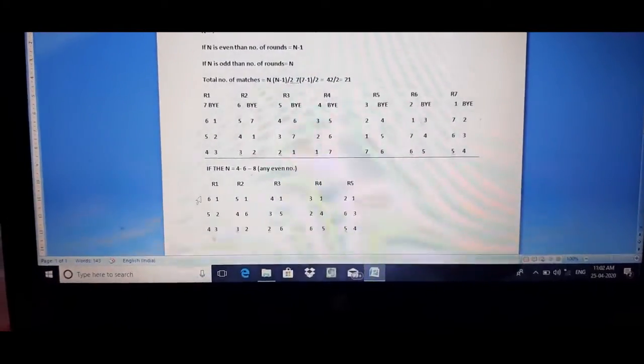I have taken 6 here, so 6 minus 1 is 5, so the number of rounds is 5. As you can see over here, round 1, round 2, round 3, round 4, round 5, so the total number of rounds is 5.